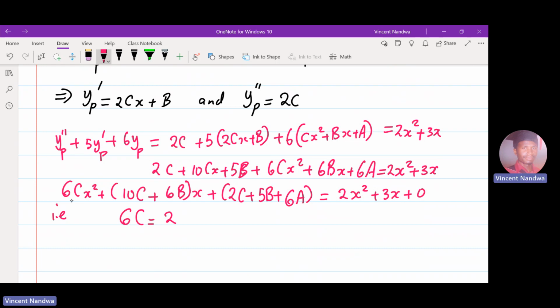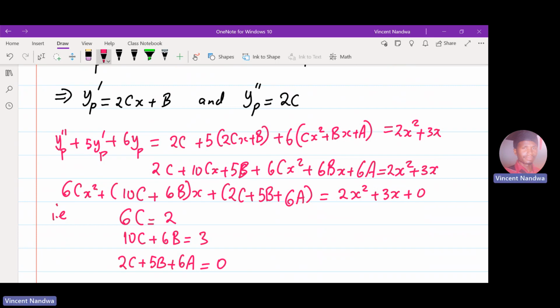So 6c must be 2, and then 10c plus 6b must always be 3, and 2c plus 5b plus 6a must always be 0, correct? Then you start solving each of those unknowns one by one, and the easiest one to solve in this case is c.